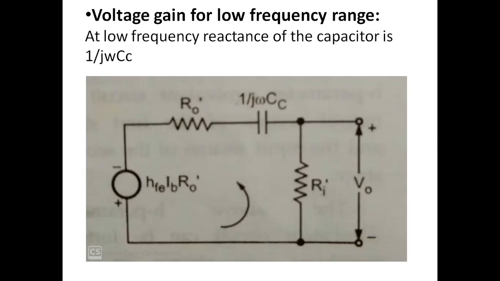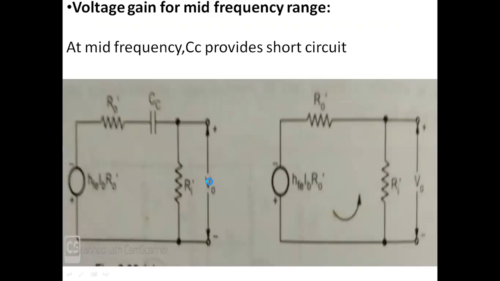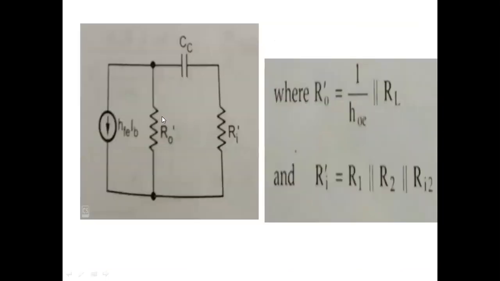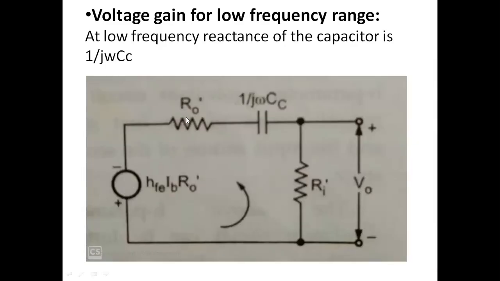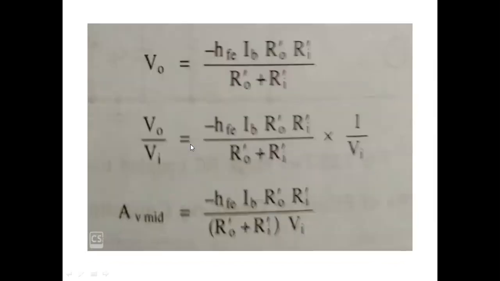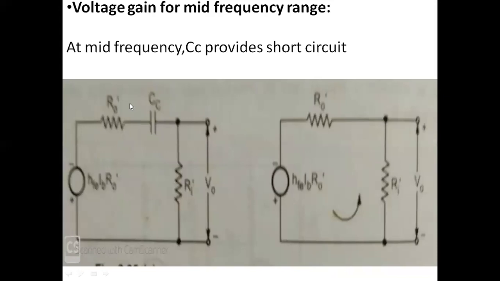So this is our circuit, and these two components are modified as Thevenin's equivalent circuit, that is a current source in parallel with resistance ro dash, which is a voltage source in series with the resistance ro dash. Then we have this capacitance also, and it provides reactance.